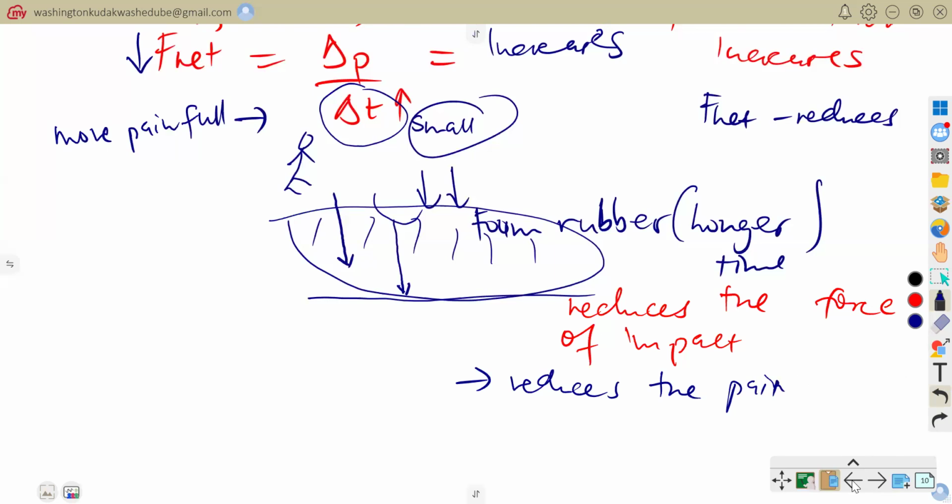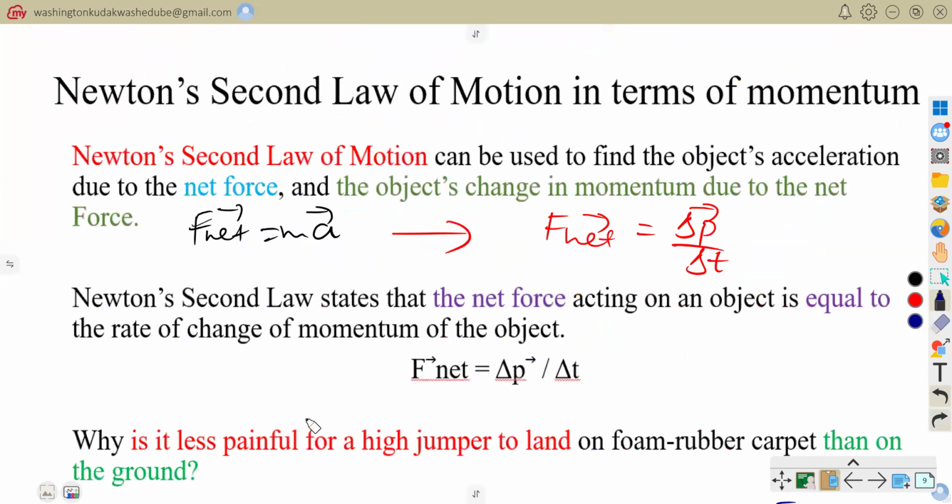So this is why it is less painful for a high jumper to land on foam rubber carpet than on the ground. And this is the same concept that comes into play when we talk of airbags, as well as safety belts.